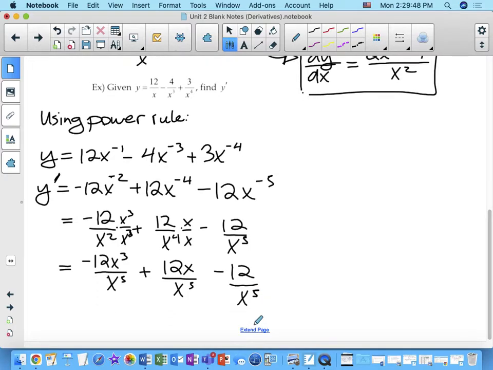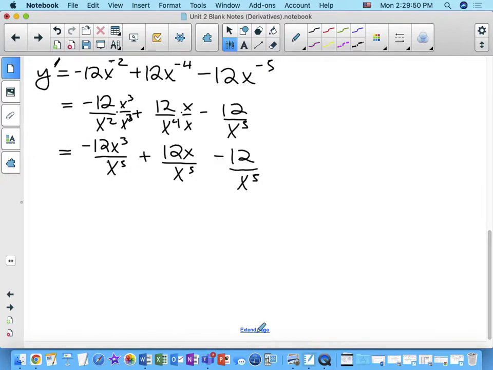And then we can write that over a single denominator if we want. And also in the numerator, there's this common factor of 12. So I could factor that out as well if I wanted to. Not a bad idea to do because sometimes things simplify. In this case it won't, but maybe it will.